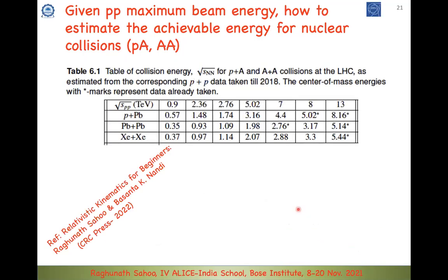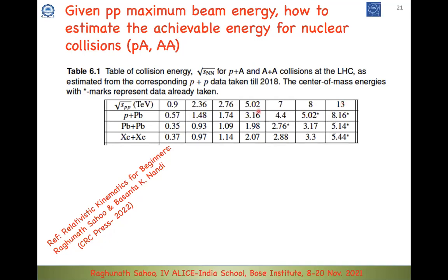And you will realize I have given a table here with the data taken up to 2018 for pp collisions. Whatever energy is available, I have written here. So LHC has accelerated protons with 0.9, 2.36 up to 13 TeV.